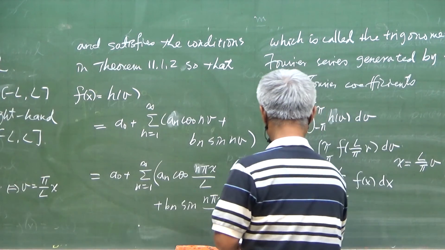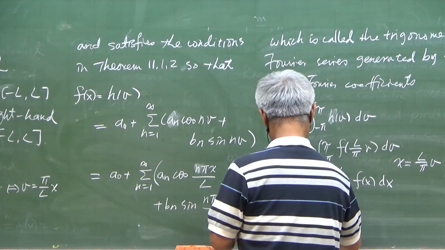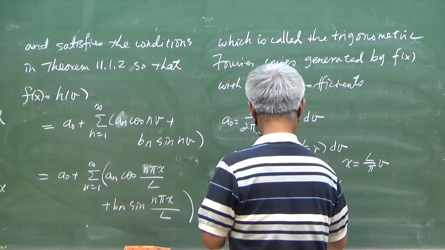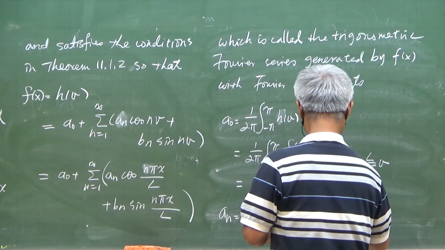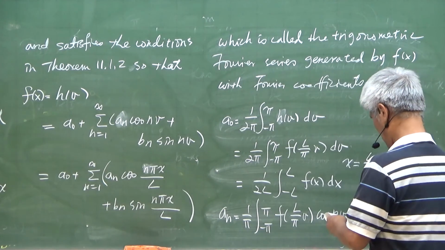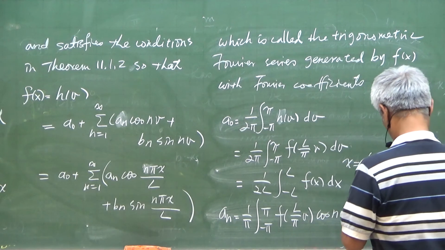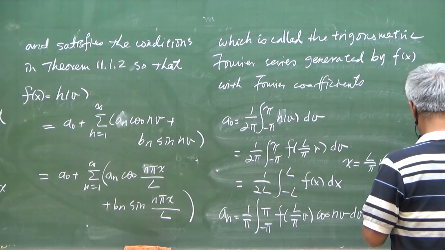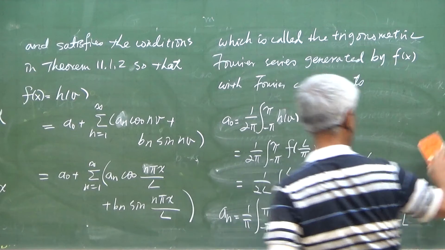And similarly, an is equal to 1 over L times the integral of f of x cosine n pi x over L dx. This is an.